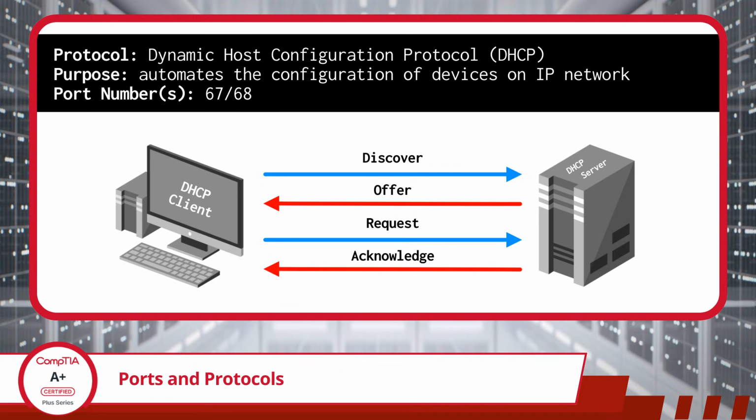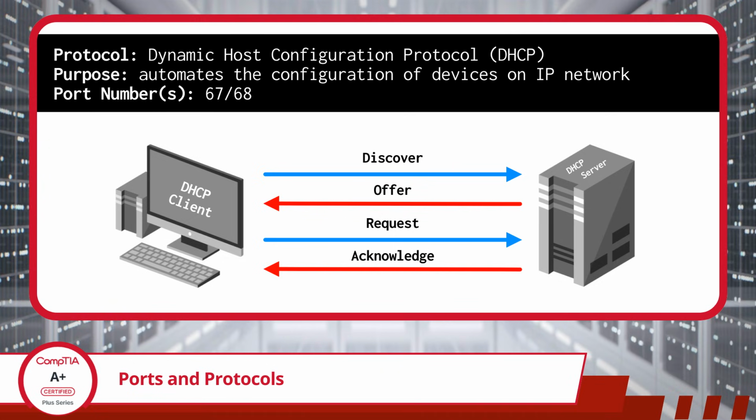This makes it much easier to manage large networks, where assigning IP addresses manually would be impractical. DHCP operates primarily on two ports, ports 67 and 68, and utilizes a four-step process known as DORA: discover, offer, request, and acknowledge, to automate network configuration.